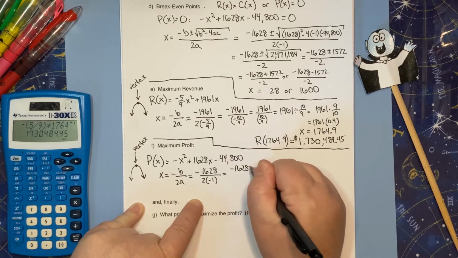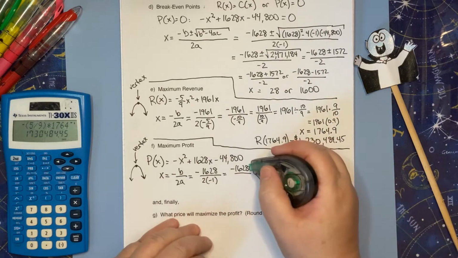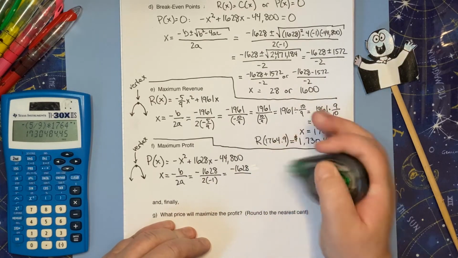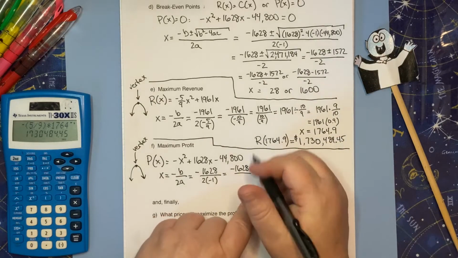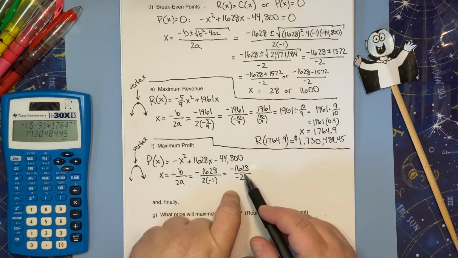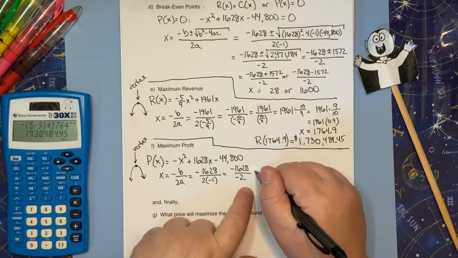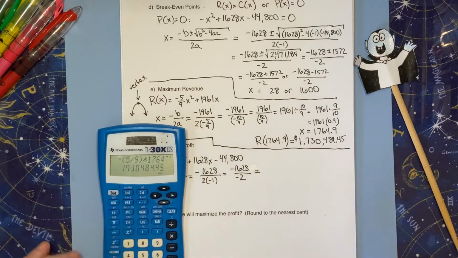Negative 1628 all... Oh, sorry about that. That's confusing. My hand sometimes likes riffing. This is not an opportunity to just make up some interesting stuff. So negative 1628 all over -2 is negative 814 over -1, I think.